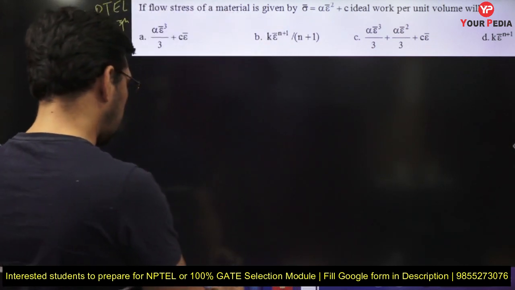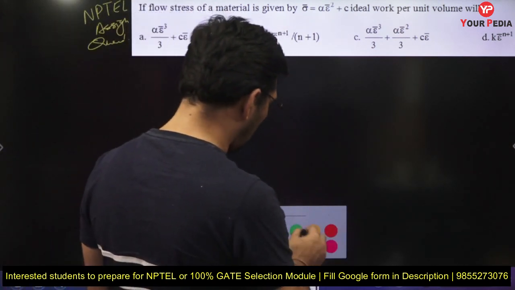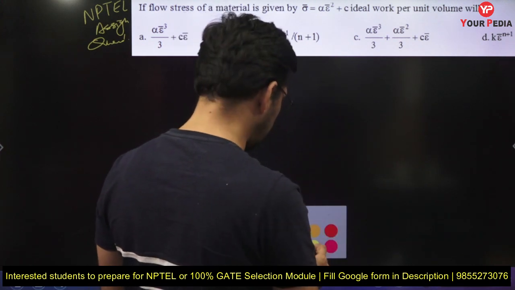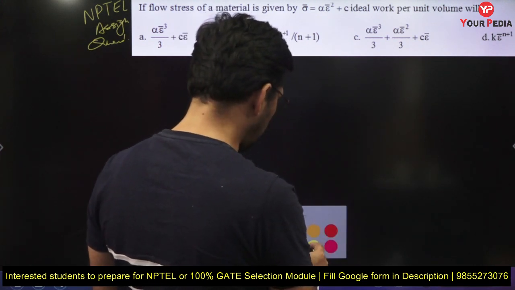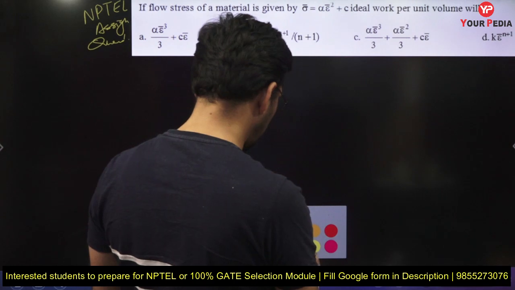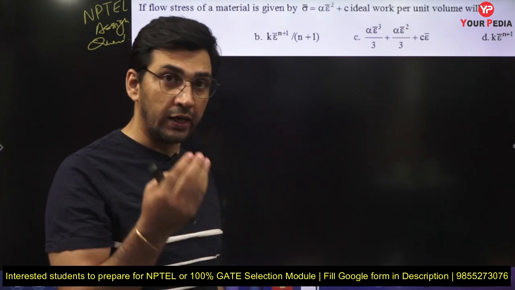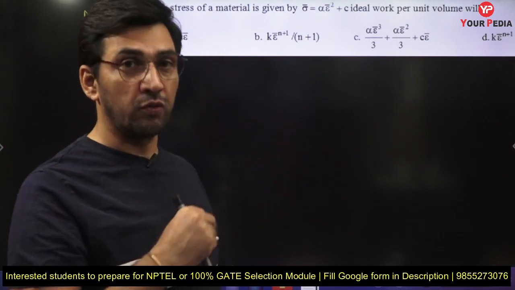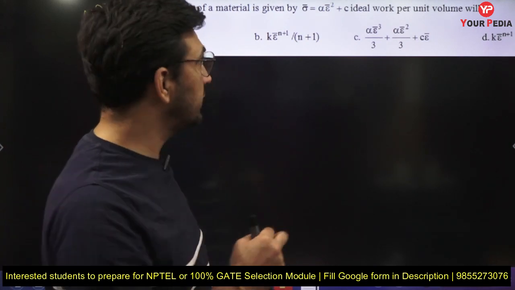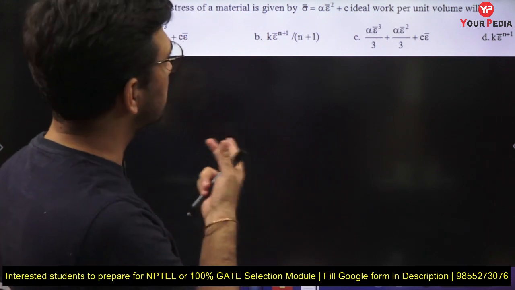Now for that I have to make you recall one formula. If you can recall that formula, then you will be able to relate it and solve it very easily. Otherwise you may find it a little difficult because he has used some terms.